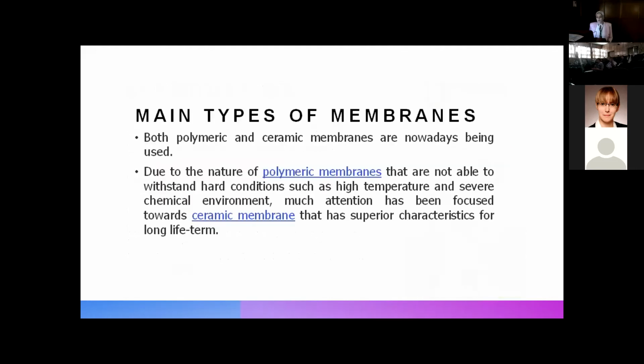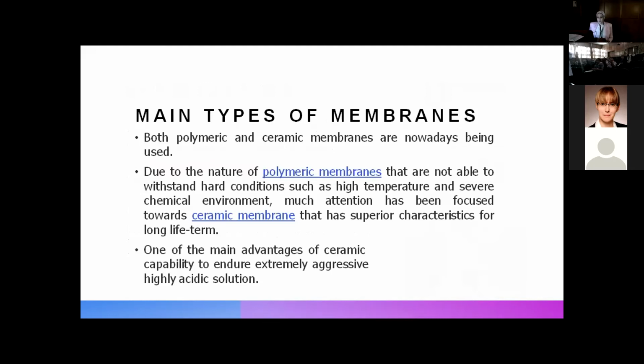We have two types of membrane, as some of us know: polymeric membranes and ceramic membranes. But the ceramic membrane is preferred due to its superior characteristics, such as long lifetime.